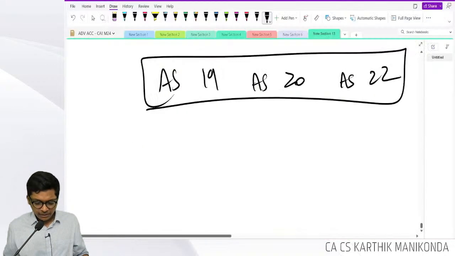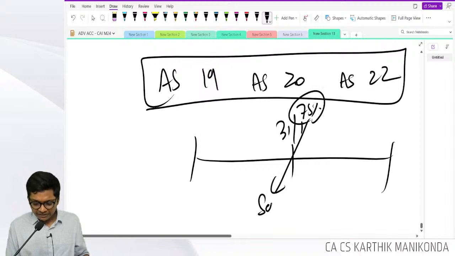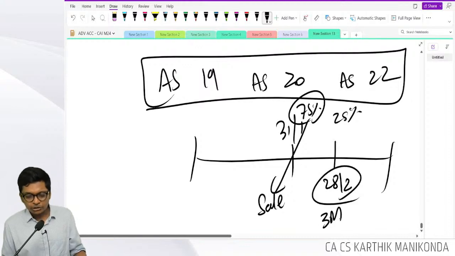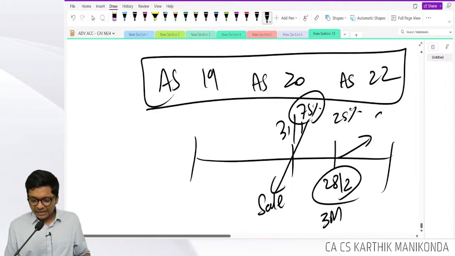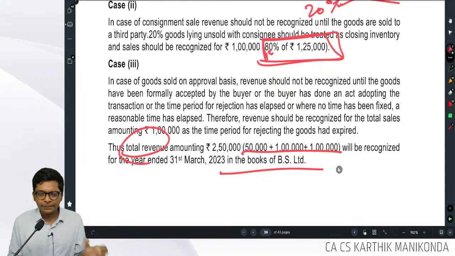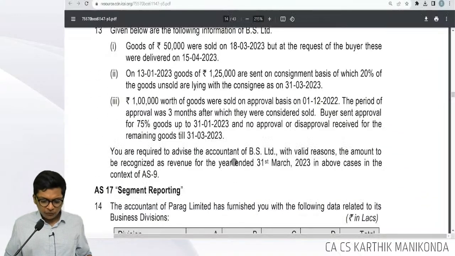So if you see guys, up to 31st Jan, 75% is approved. So 75% I will record as sale. Balance 25% I will wait till 28th Feb because 3 months gets over on 28th Feb. After 28th Feb, I will record as sale. Therefore, as of 31st March, entire 100% total revenue will be recorded as sale, but at different points during the year. I hope you are following, guys.